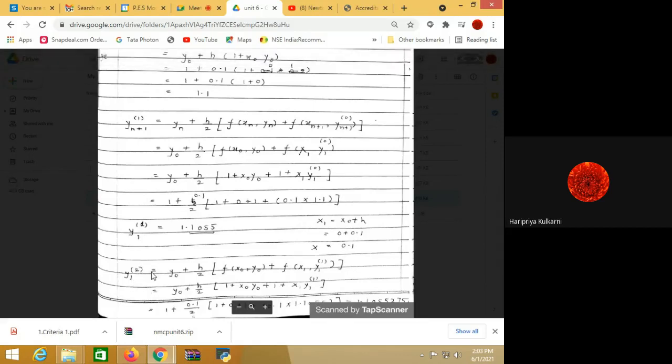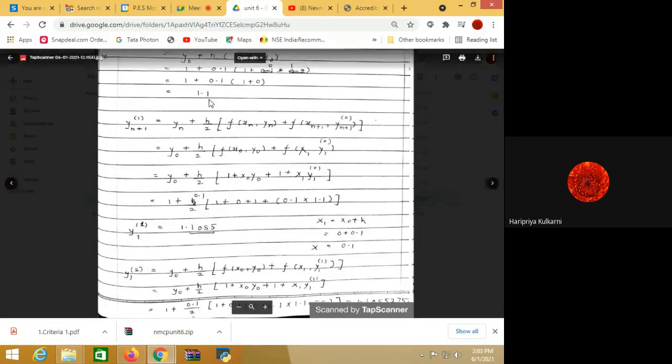Why are we going to the second iteration? Because we want accuracy till 3 digits. Here we have 1.1, here 1.1055, so here accuracy up to 3 digits is not found.